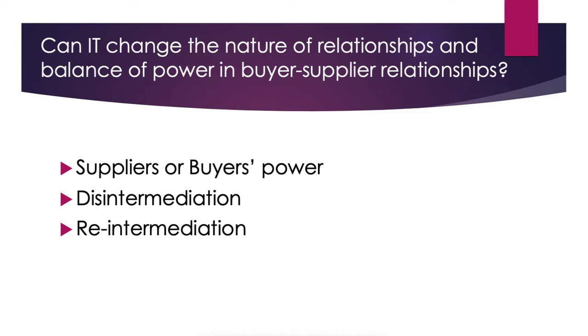Next, we have questions like, can IT change the nature of relationship and balance of power in buyer-supplier relationship? Okay. Buyer or supplier power basically focuses on concentration and dependency. Right? There is supply and demand. Disintermediation, bypassing intermediaries. Today with technology, a manufacturer could go directly to the customer rather than to the middleman, hence saving a lot of costs.